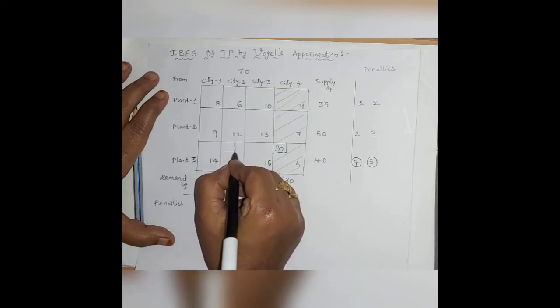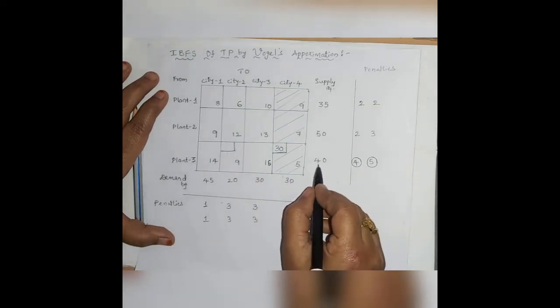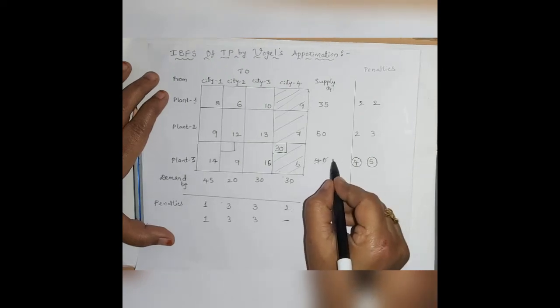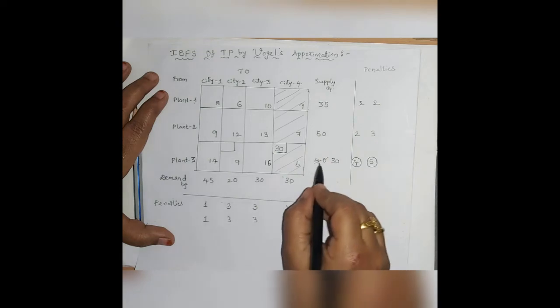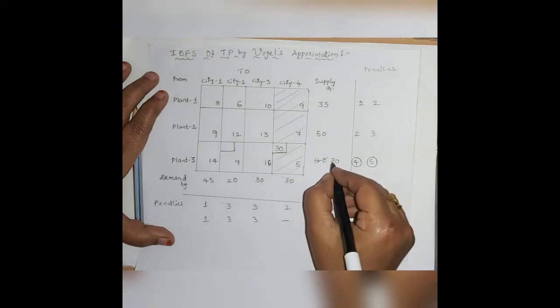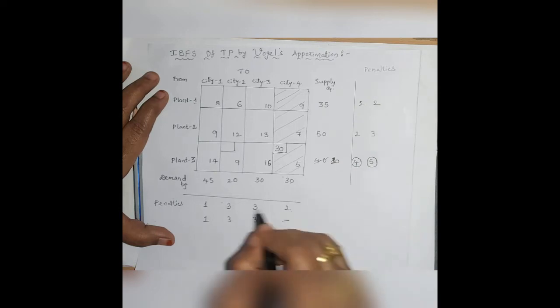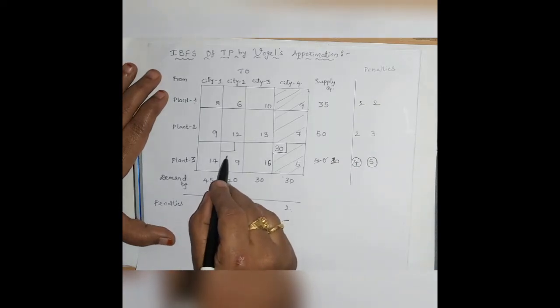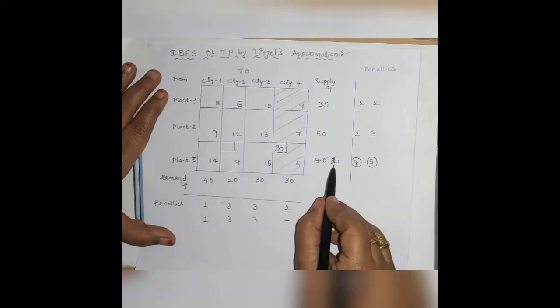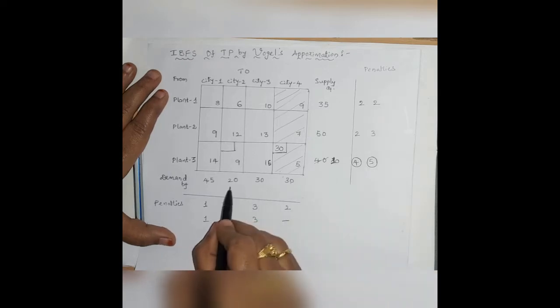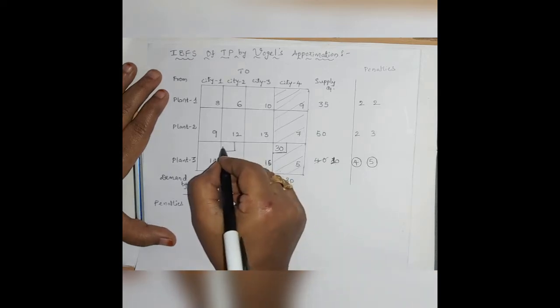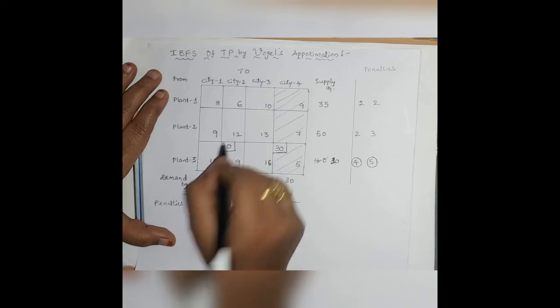Out of the 40 units, already 30 units have been allotted to city 4. So the remaining units are 10. Now in the cell 3,2 you are going to allot the minimum of 10 and 10, which is 10.